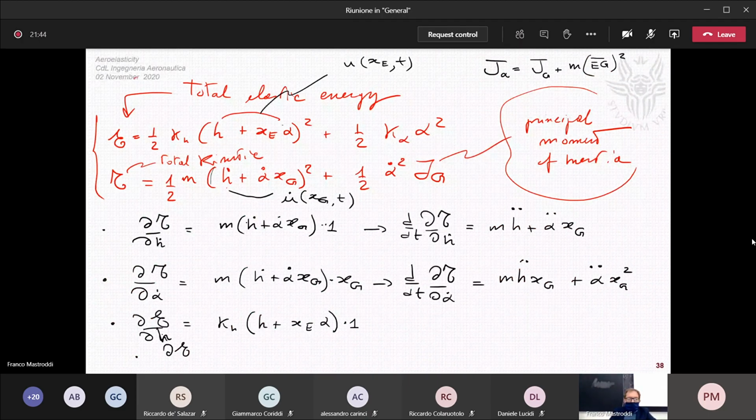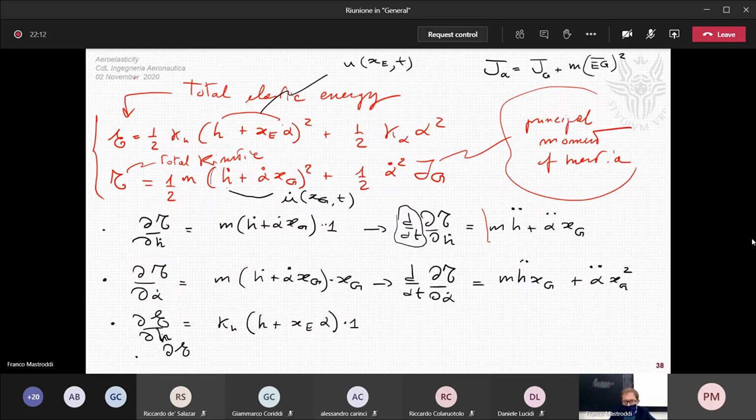Okay, so we have applied straightforwardly the Lagrange equation of motion, and then we have derived the kinetic energy with respect to h dot, so obtaining this quantity, and this quantity has to be derived one time by the time again, and so obtaining this final relationship.